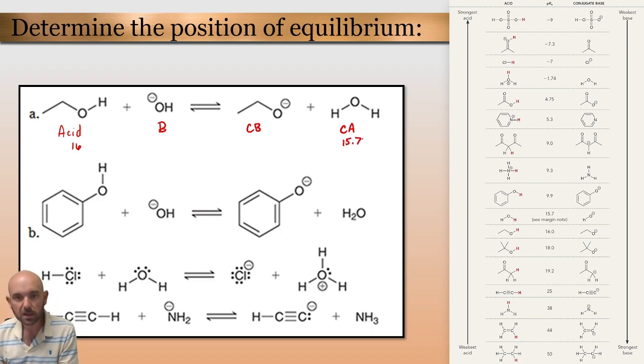Since equilibrium is always going to favor the higher pKa, we could say that the equilibrium would favor the reactants in this reaction. Now they're pretty close, so this would probably be a pretty equal mix, but overall the equilibrium would definitely favor the reactants here, and it would be kind of maybe hard to make the products.